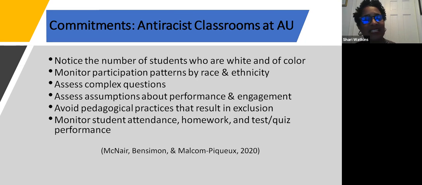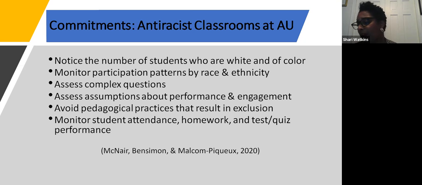We need to assess our assumptions about performance and engagement based on race and ethnicity. What are our biases and our assumptions about the performance of our students based on race and ethnicity? We need to think about that. We need to avoid pedagogical practices that result in the exclusion of minoritized students, such as Black students or Latino students.